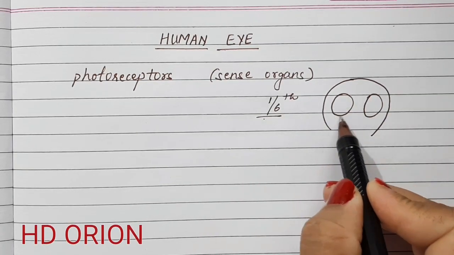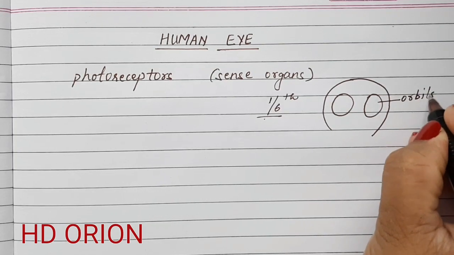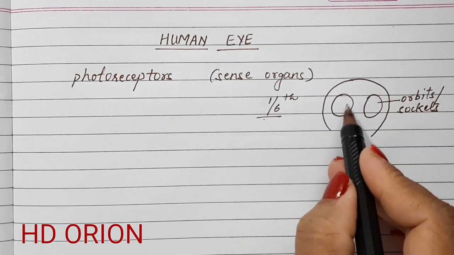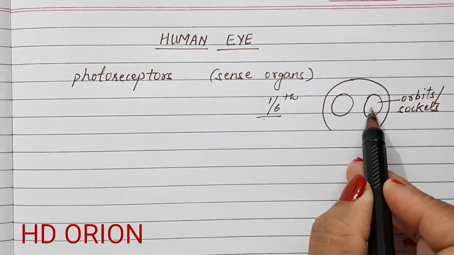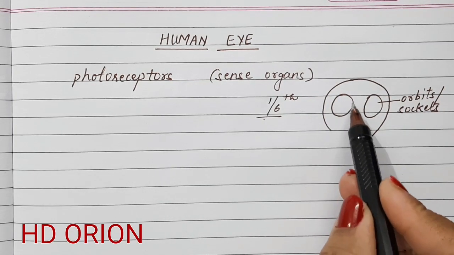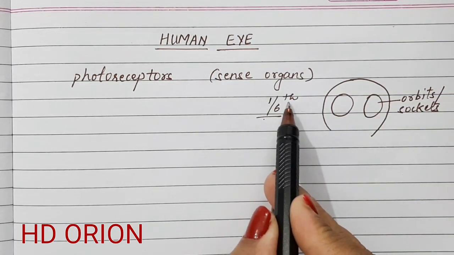This eye orbit, also known as sockets, lodges the eye inside. These are present on the ventral surface, that is in the front portion of the body. The back is known as the dorsal surface. So in the face, on the ventral surface, the human eyes are present with only 1/6 exposed.